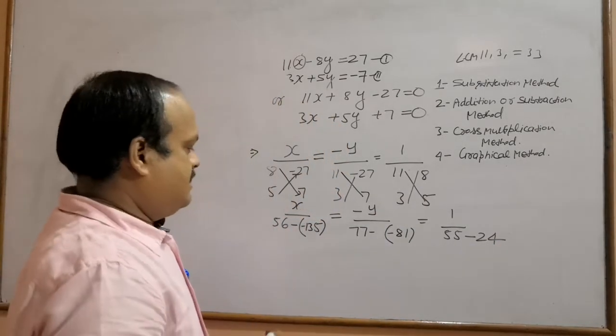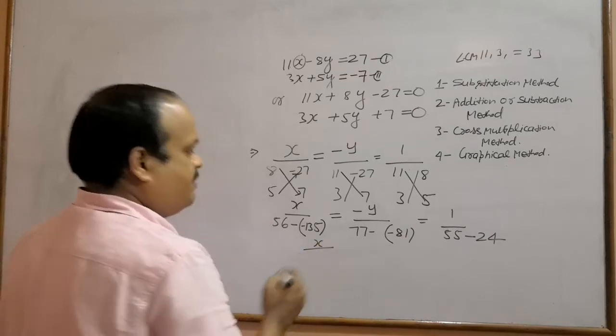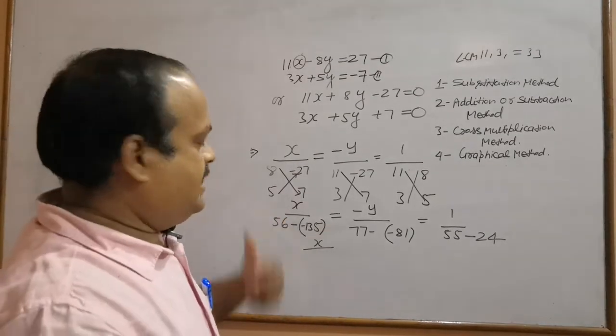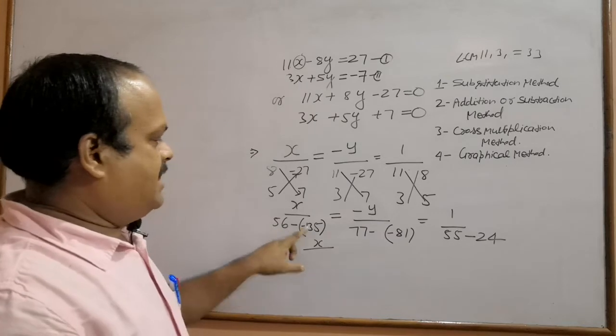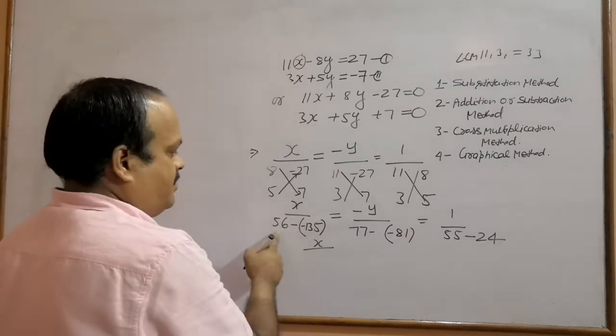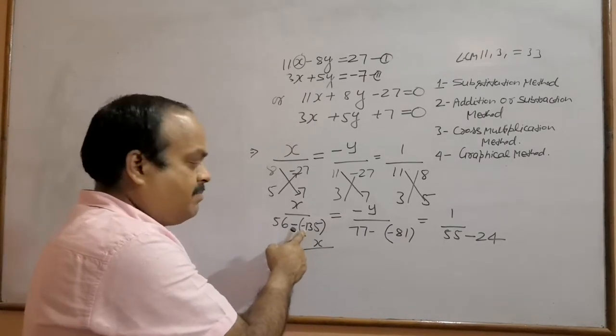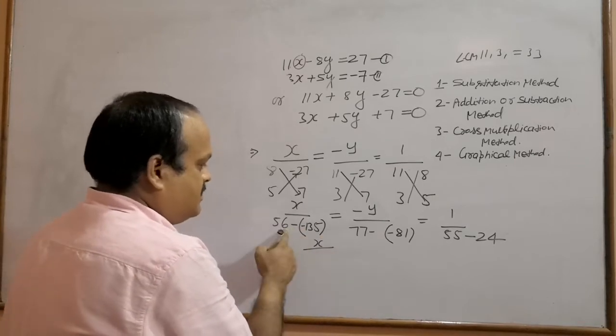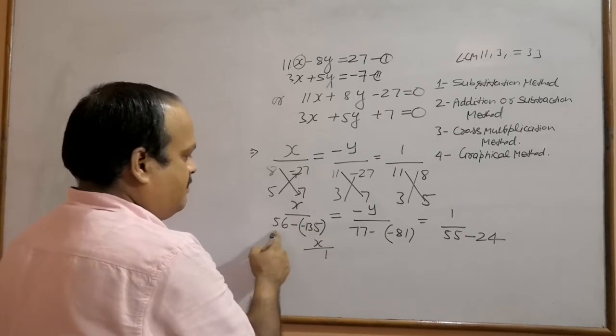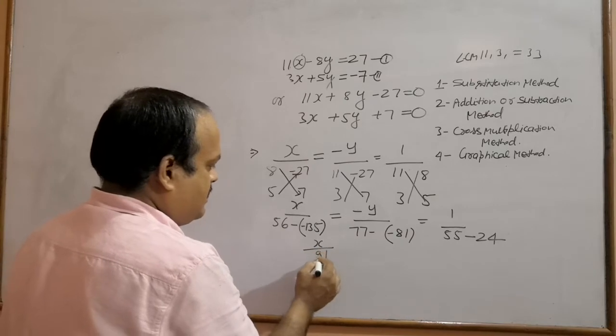Do the subtraction and simplify the denominator. 56 minus minus, you know, this will become plus.